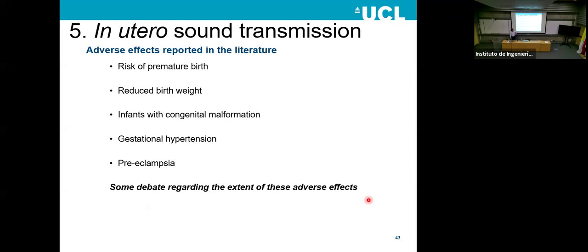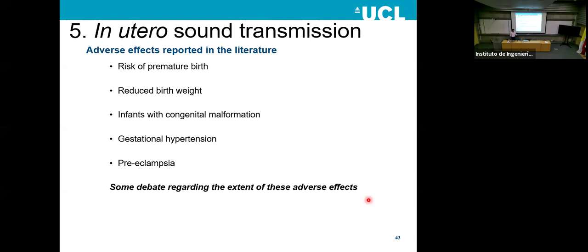And there's a host of adverse effects reported in the literature. This includes premature birth, reduced birth weight, preeclampsia, gestational hypertension. Now, the thing is, all these adverse effects have been characterized following epidemiological studies on large cohorts. So we don't really know how this comes about.